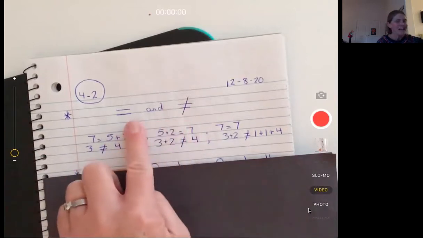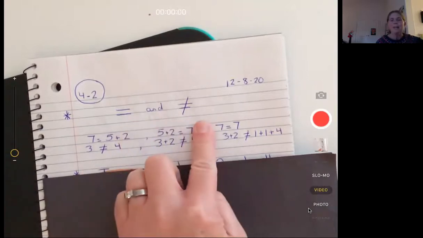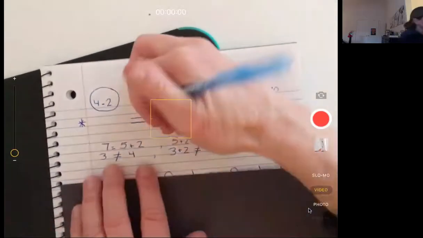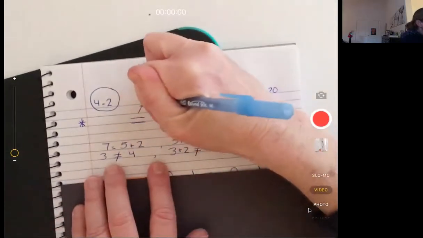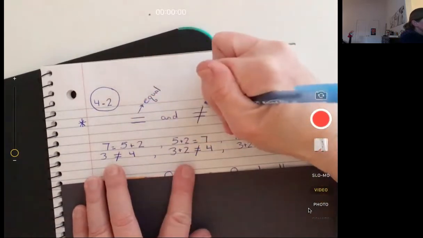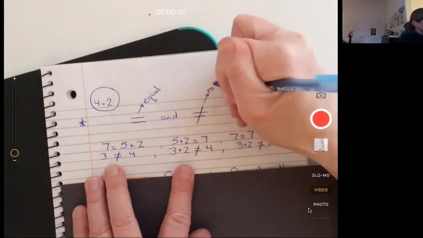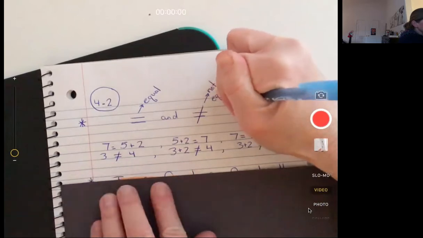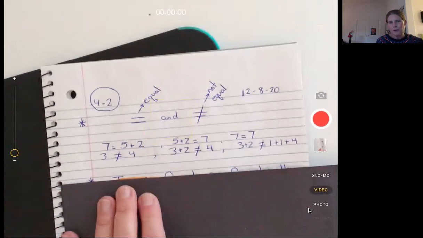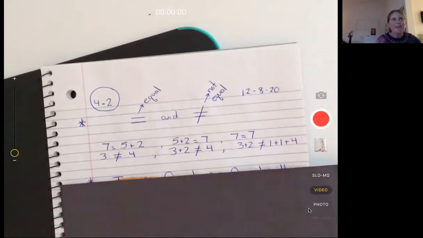So this is an equal sign, this meaning not equal. So I'm going to add those words. Equal, not equal. Okay. I hope those are familiar for you. Those we've started since probably the first time you ever did math.